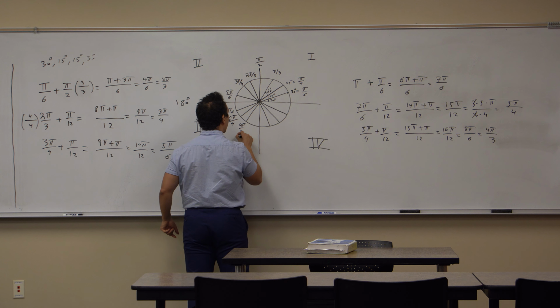And over here, if you're going to memorize things, the best thing to memorize is what is it here, what is it here, what is it here. Most of you who take the memorization route will know that this is at 3 pi over 2.